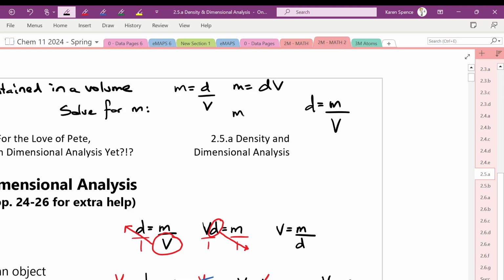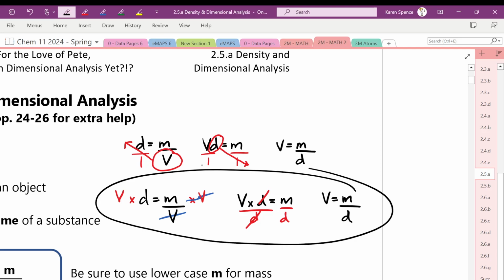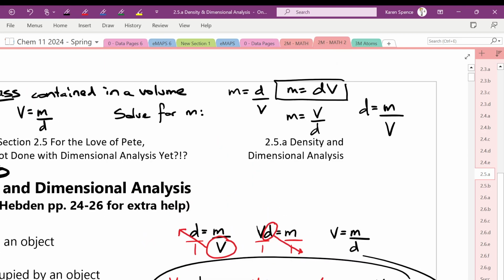Or do we get M is equal to V over D? M is equal to D times V. Yes, that is absolutely correct. And again, if you have problems with that, just move things diagonally or multiply things out and divide things out so you end up with it by itself.